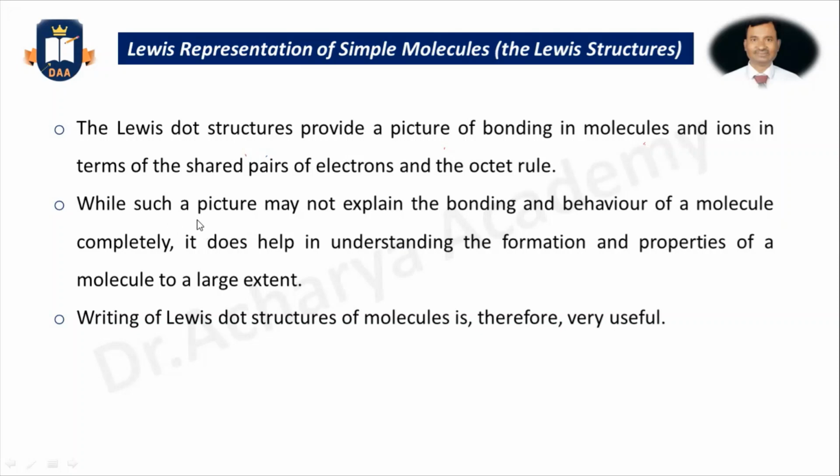In the previous class, I also discussed this. While such a picture may not explain the bonding and behavior of the molecule completely, it will help to understand the formation and properties of a molecule to a large extent. Therefore, the writing of Lewis dot structures of molecules is very useful.